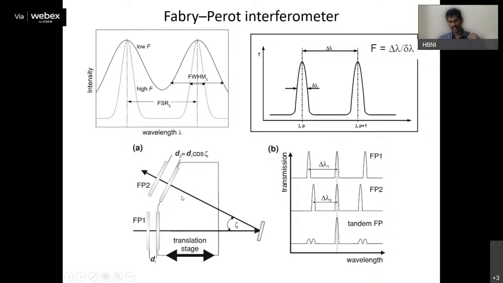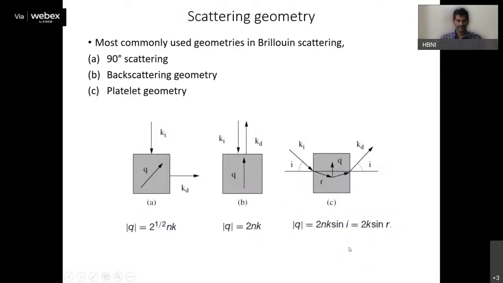These are at a particular angle, so they have a slightly different path length when you scan, and then pass through these Fabry-Perots, you get a multiplication of these two, and thereby whatever signal comes will be very close. So this overall range is very small, around 6 centimeter inverse or so, but the discrimination is very high.